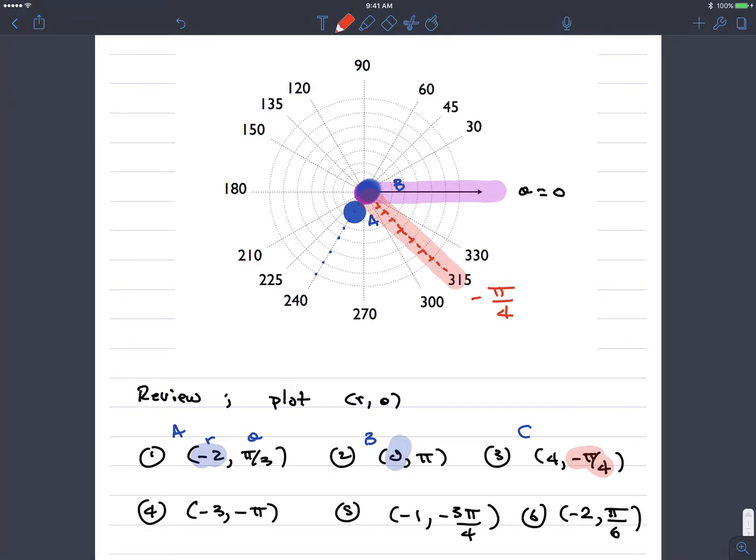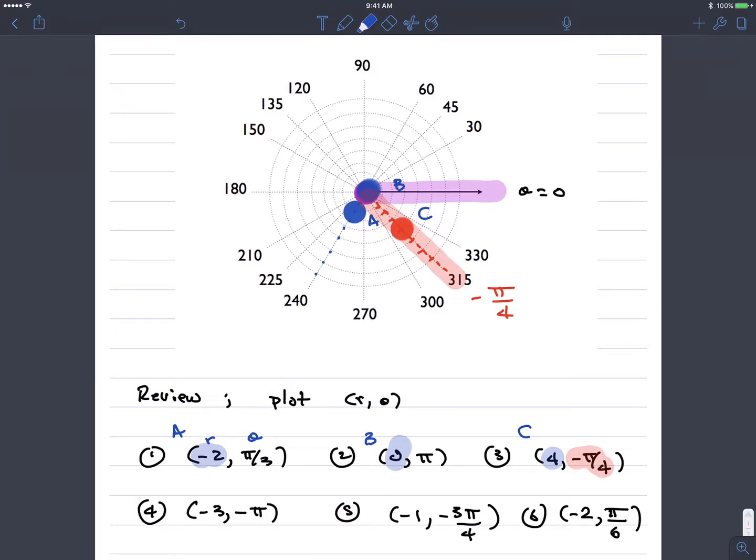I have to go out to what? 1, 2, 3, 4. In other words, we're right here. So this is the location of C, where you have a positive radius of 4, but a negative angle of -pi/4. So we're going to review how to really plot here. All right, you guys okay with that one? That's C.